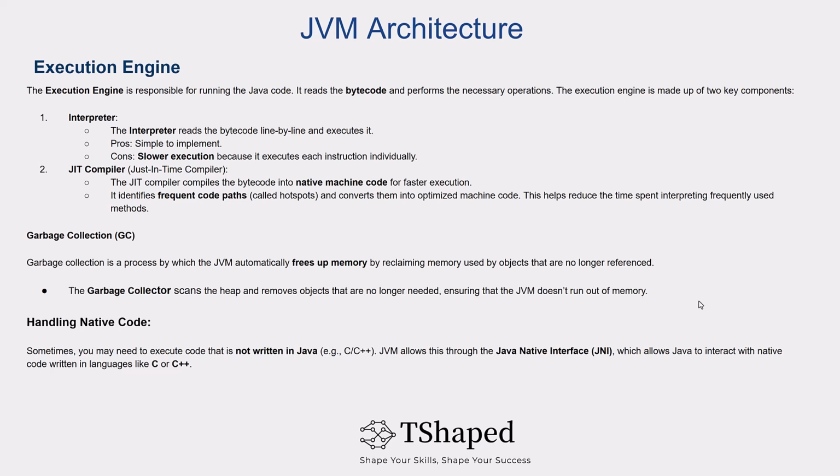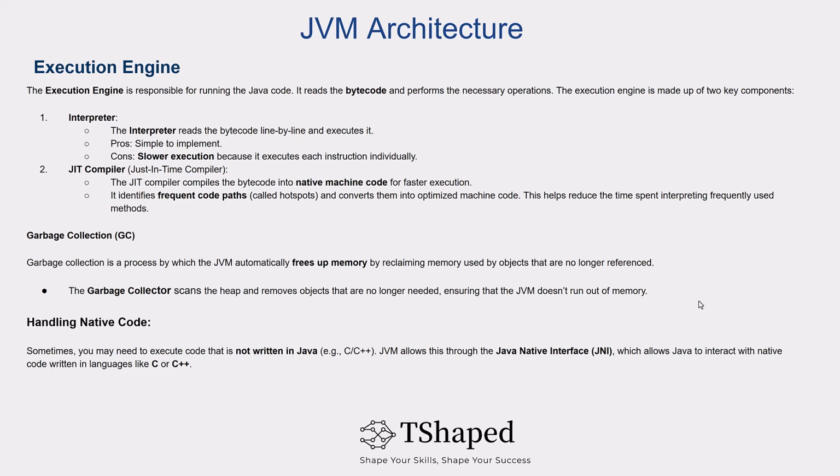Fine. So the just-in-time compiler will convert frequently invoked code into zeros and ones in one go, because it is a compiler, and the interpreter does that line by line. Usually whenever we have a loop or something which has to be executed again and again, the just-in-time compiler will come into the picture and support the interpreter for code execution.